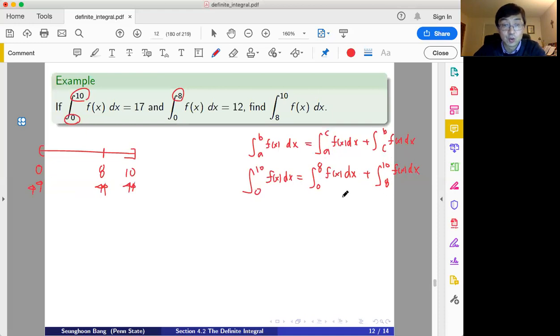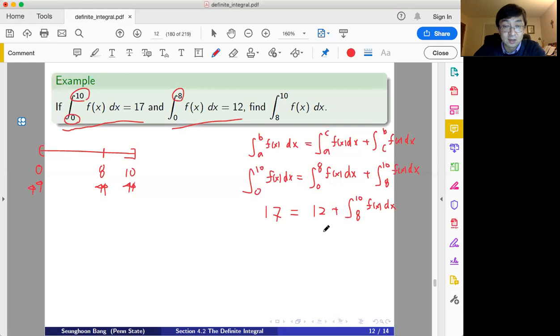Next, we have to use the given information. The integral from 0 to 10 of f of x dx is 17, so 17 equals the integral from 0 to 8 of f of x dx, which is 12, plus the last one, the integral from 8 to 10 of f of x dx.